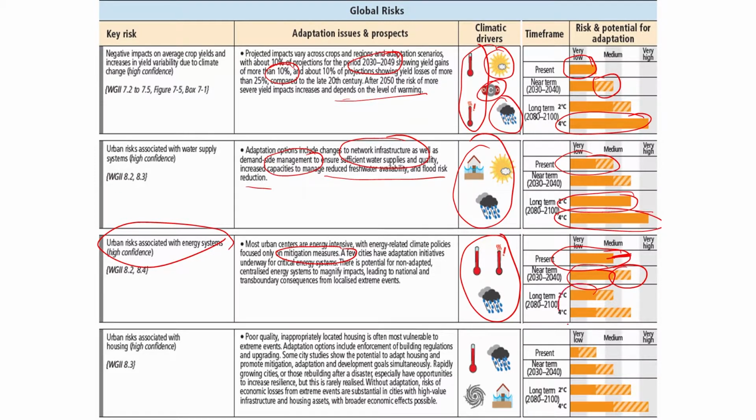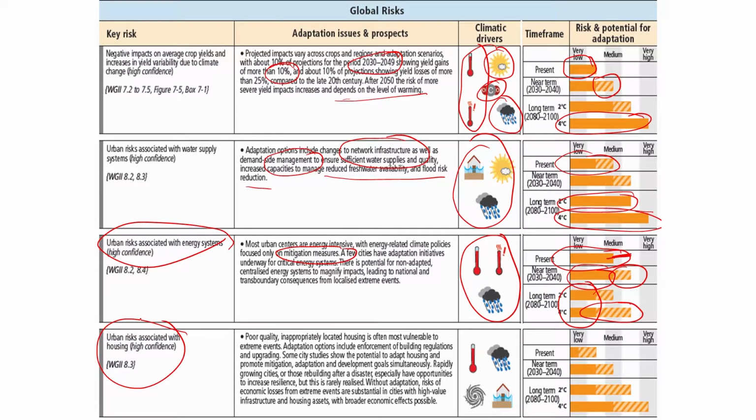And the long term risk is expected to actually decrease because of renewable energies, local grids or microgrids, maybe individual home based energy systems like rooftop solar, neighborhood wind energies and so on. So adaptation options in this case actually may increase into the future.